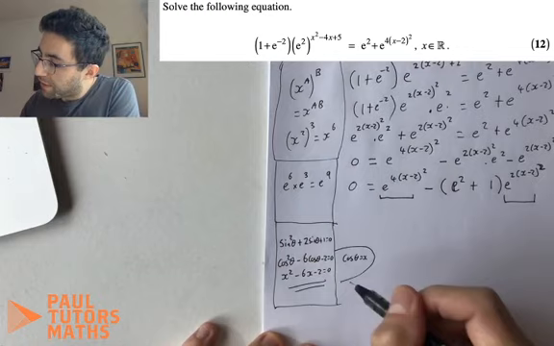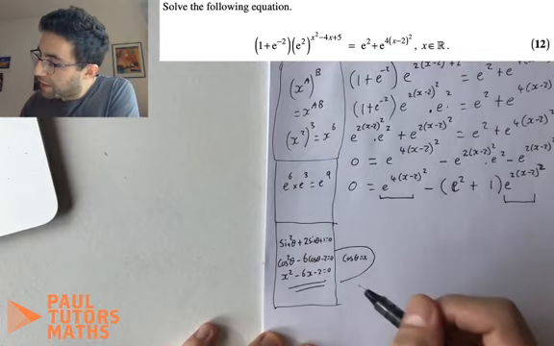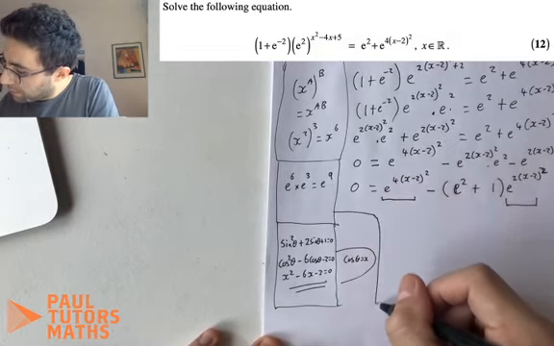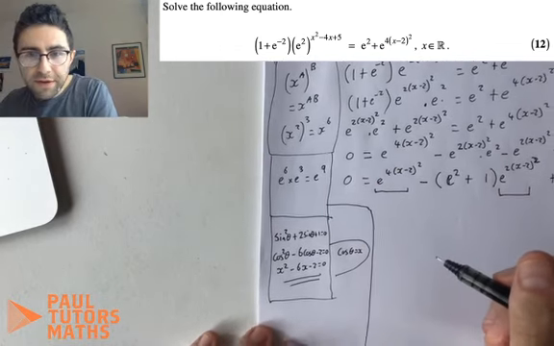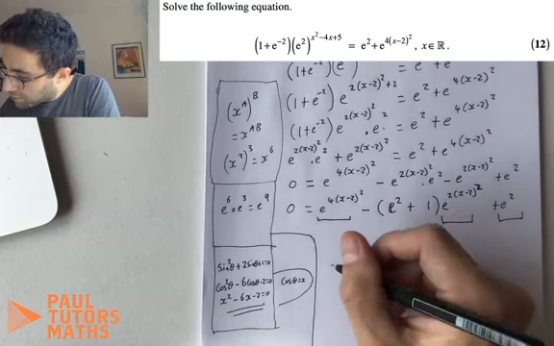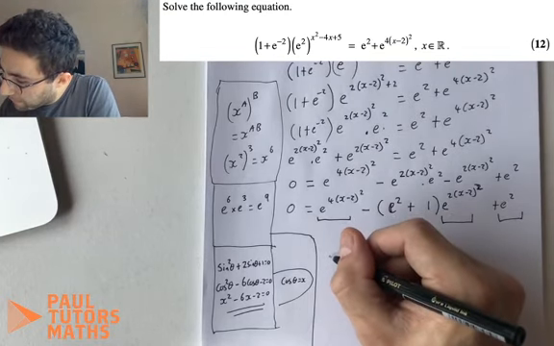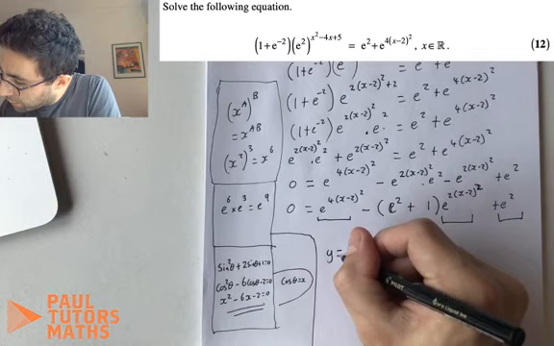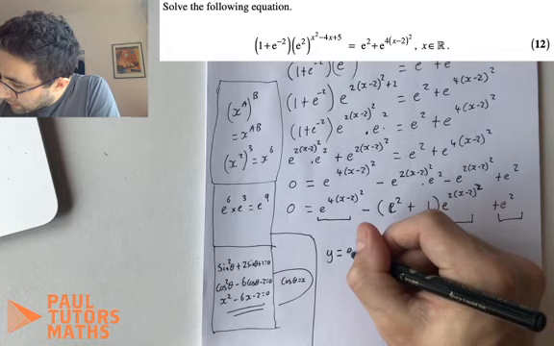What's the clever substitution we're going to do? The substitution we're going to say is, let's call it y. y equals e to the 2x minus 2 squared.